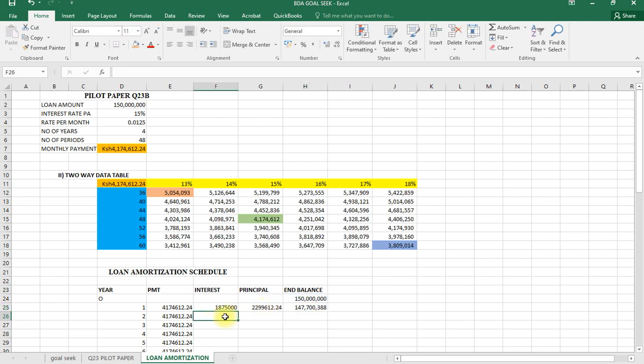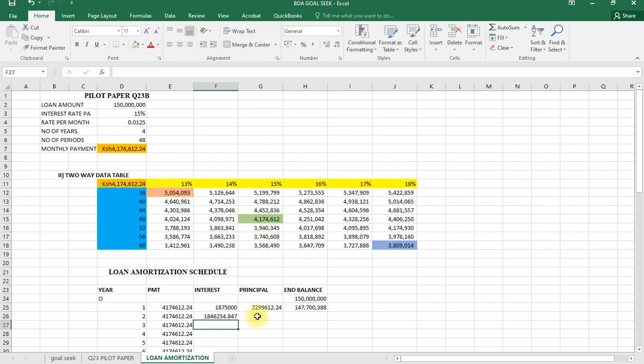Then the second year, the same thing, it will be this one. Now the interest we shall base on this value, the end balance that we had, because it will be our opening balance. We multiply by our interest rate. Remember the interest we are locking, because the interest is not changing.